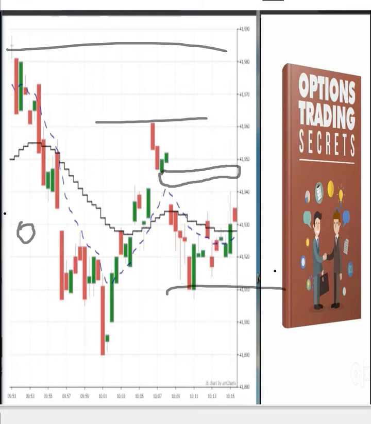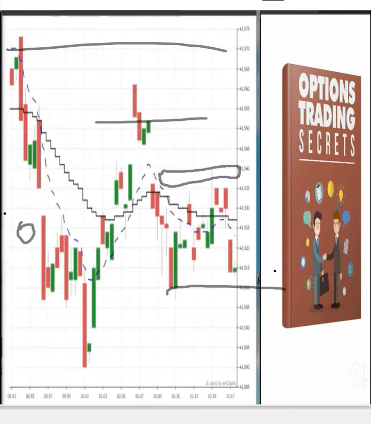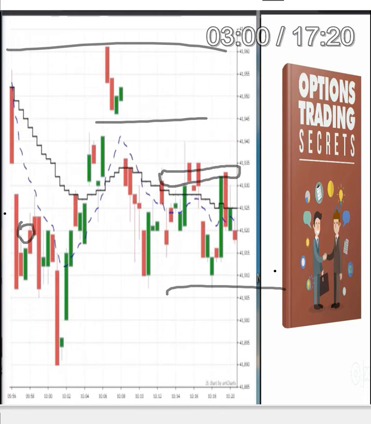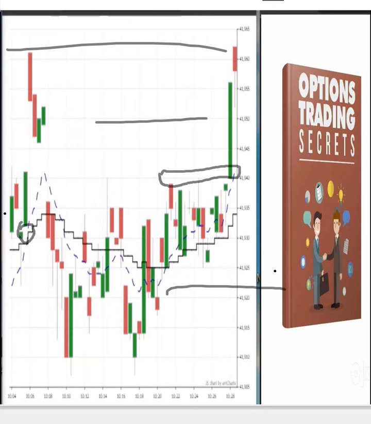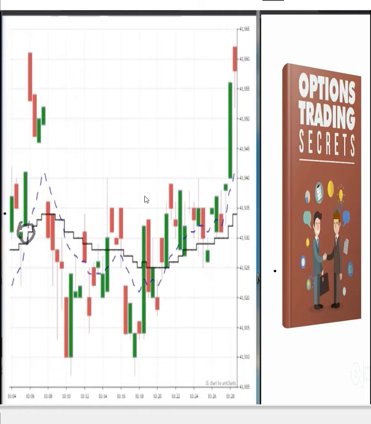Simple. This is the gap area, am I right? This gap area is with a huge candle, so it directly hit the targets T1 and T2. Is it clear?